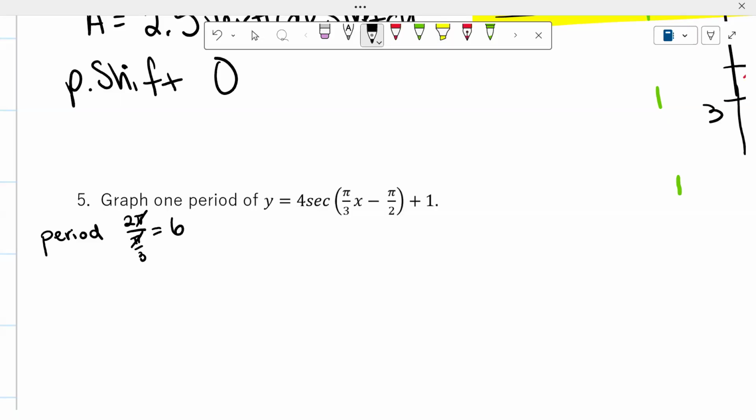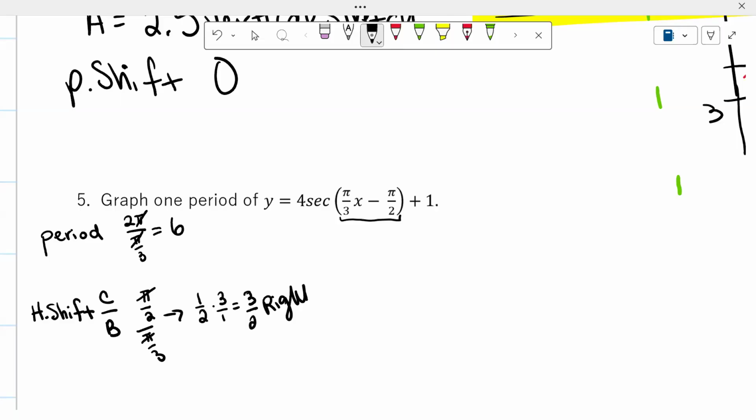We'll have a horizontal shift, and remember that's C over B, or in other words, you set all of this equal to 0 and solve for x. So we'll have pi over 2 divided by pi over 3, which is 3/2, and it's positive, so that's going to the right.